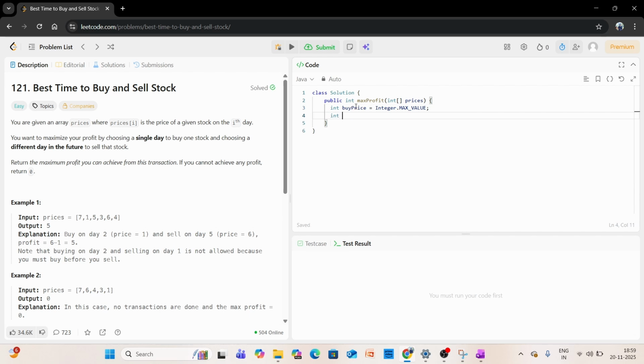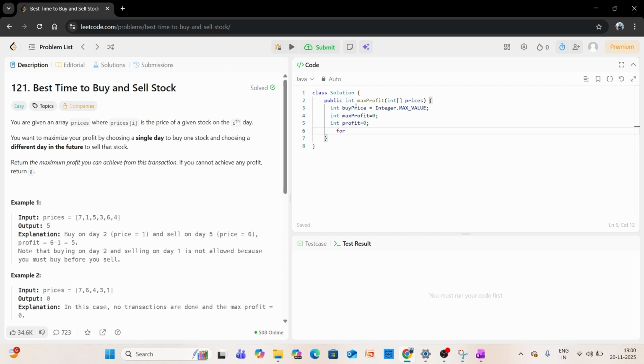And then we need to initialize our max profit, which is going to be the final result for us. We will set it as 0 initially. We will initialize one profit also, which we will calculate based on our array iteration. So we will set it to 0.